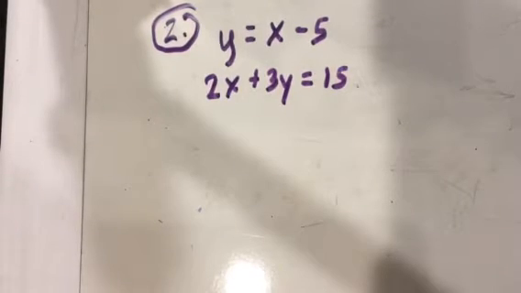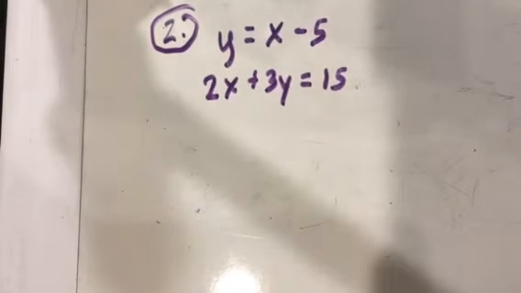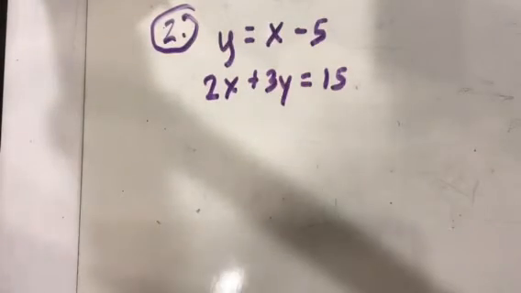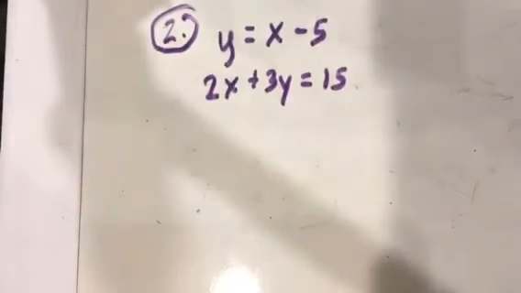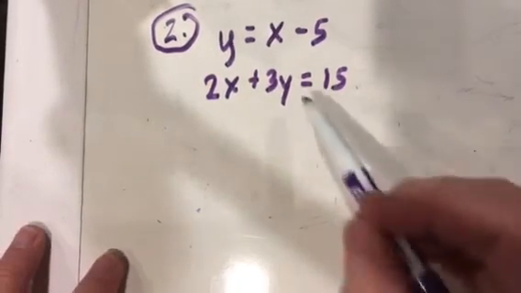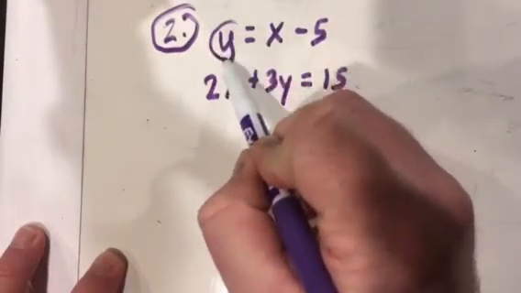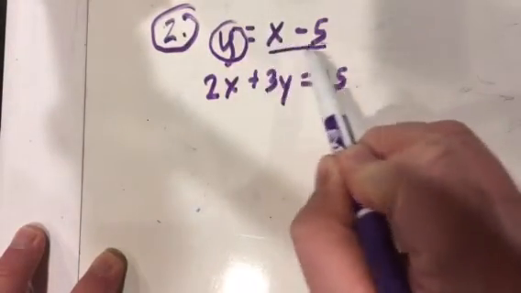All right, whenever you have a situation where they're not giving you half the answer, but they do have one variable already solved. In this case, we know what y is. Y is x minus 5.